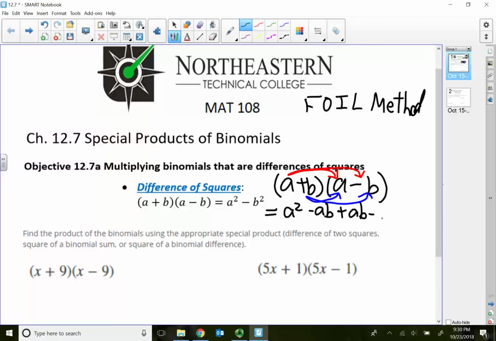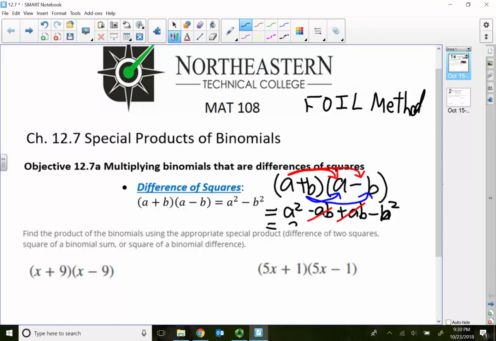And then the last thing I do is positive b times negative b, which is negative b squared. This is called a special product because when the first terms are the same, the second terms are the same, one positive, one negative, the two terms in the middle, the inner and outer, will always have opposite signs. Therefore, those two terms will always cancel out.